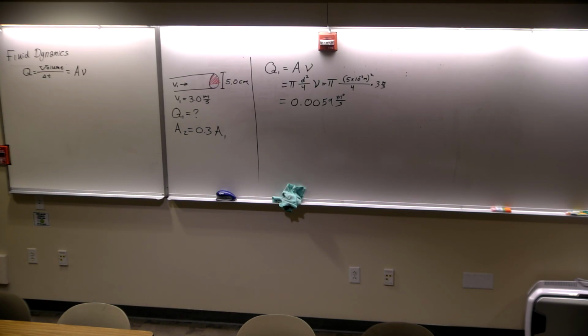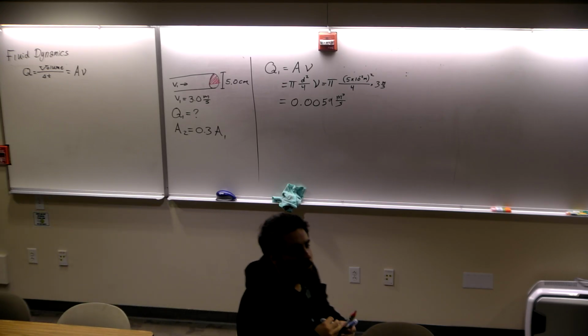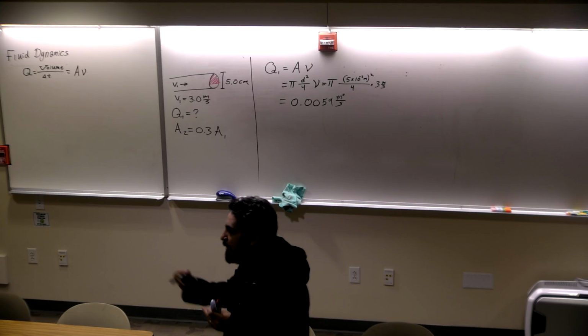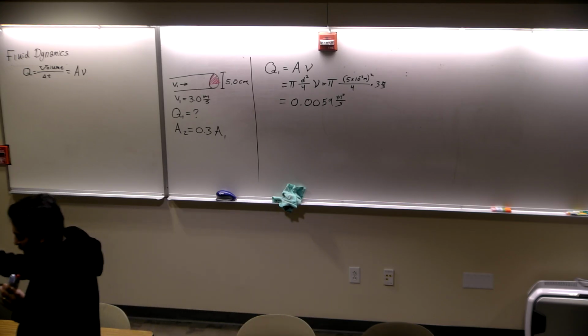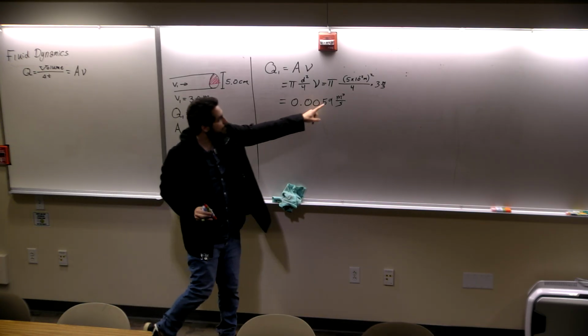And when we are in this unit of meters cubed per second, let's imagine what a meter cubed of water is. Take a meter stick and we imagine the volume of a meter stick by a meter stick by a meter stick, a huge cube of water. A meter cubed is a large volume.